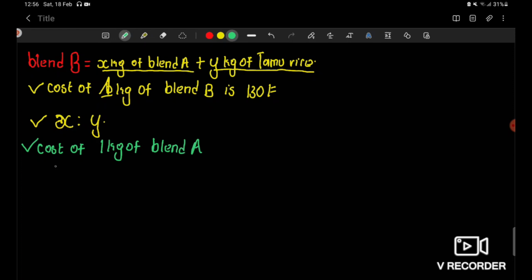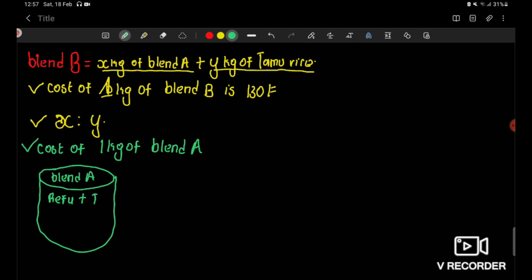If I was to remind you, in our question when we started, blend A was made of refu plus tamu mixed in the ratio 3:2, and the cost of refu was 80 shillings per kg, and the cost of tamu was 140 shillings per kg. All this we had been given in the question.